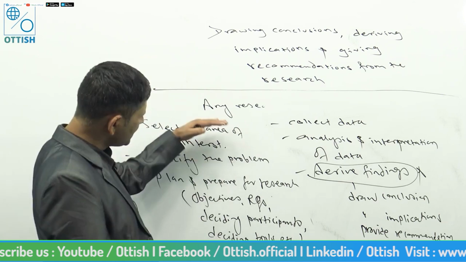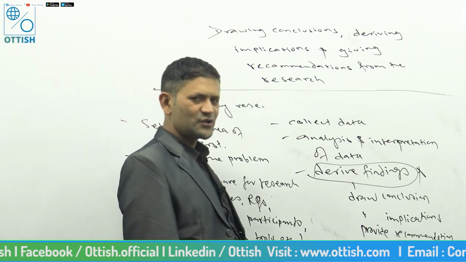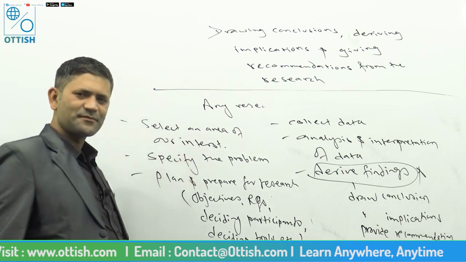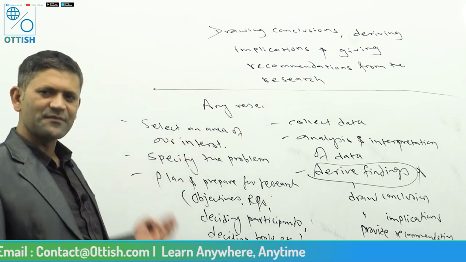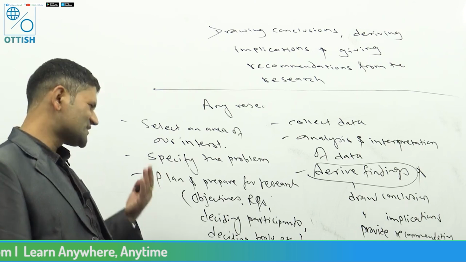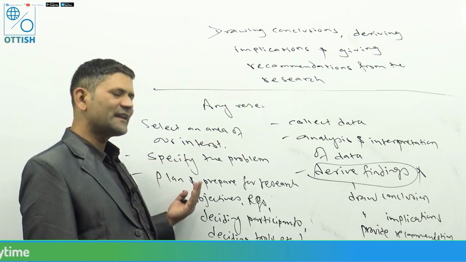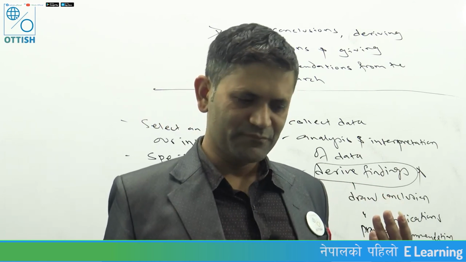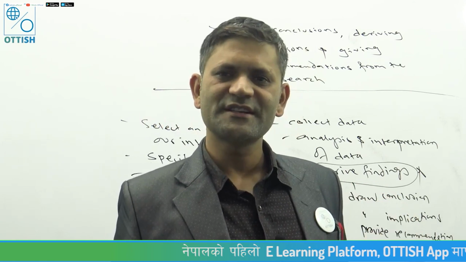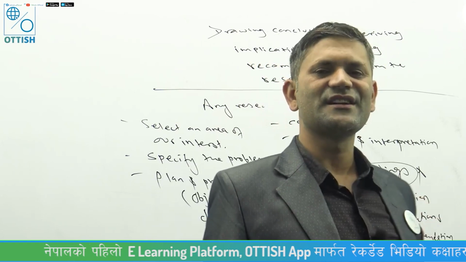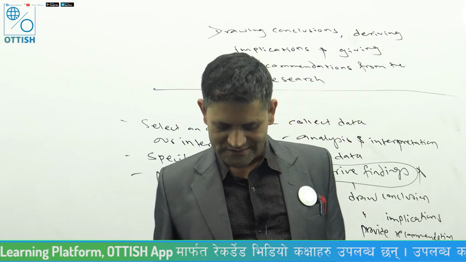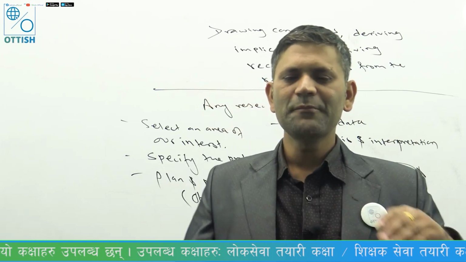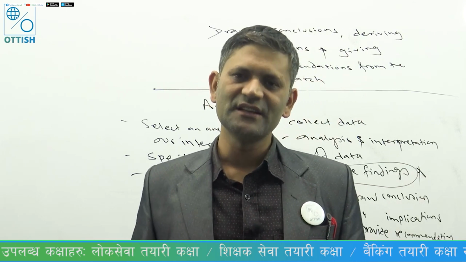We follow these different processes while doing research. Select an area of our interest, problem or issue, then specify the problem. Why do we need to study this? Make a plan and prepare for research: we set our objectives, formulate research questions, select the research area and sample, and prepare the tools to elicit the data.